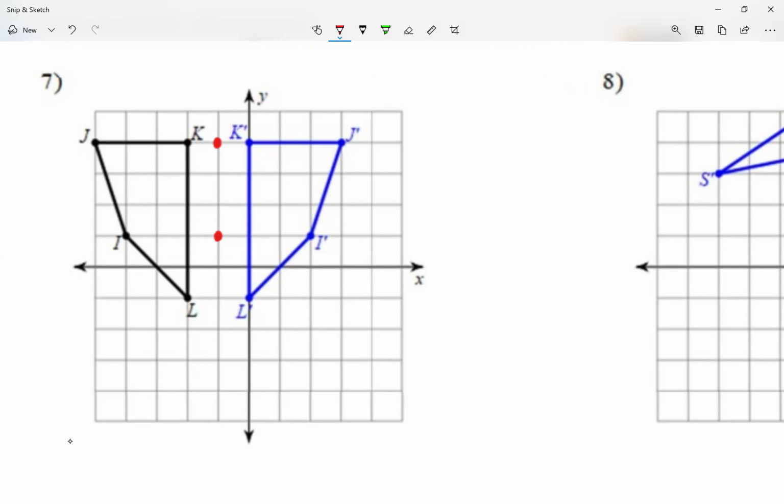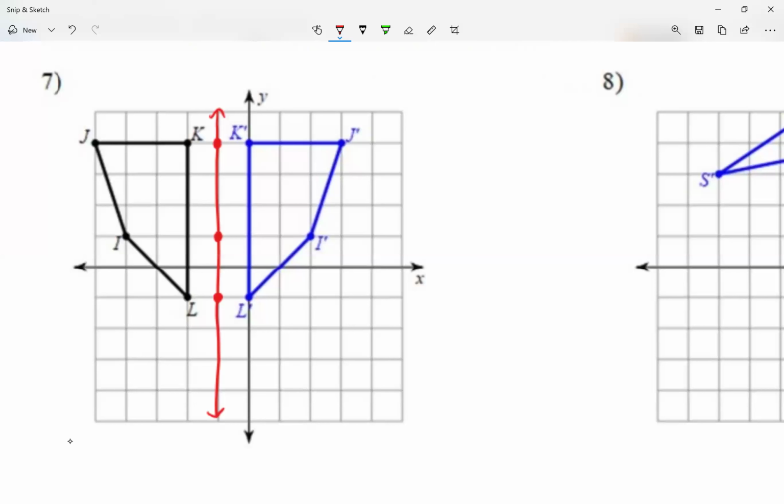How about L and L prime? That's the point in the middle. When we have reflection, one interesting part is my midpoints are going to create a line. All of my midpoints are going to be linear, so going to create a line. This line that I just created, that's the mirror line.